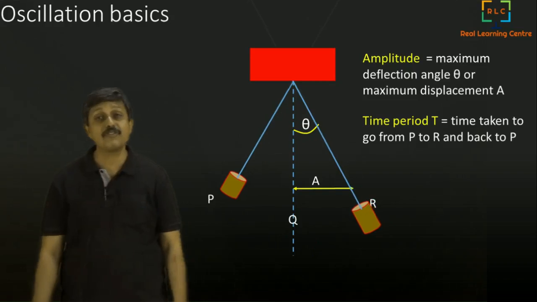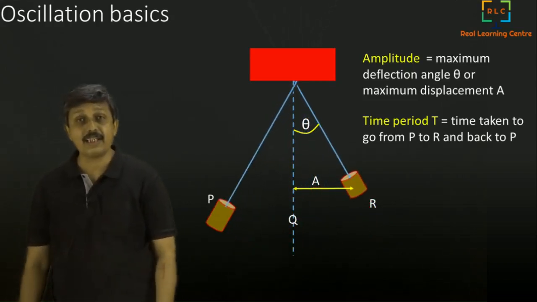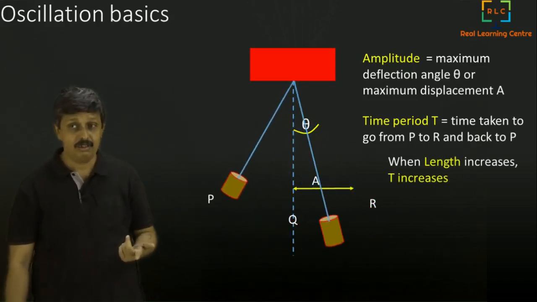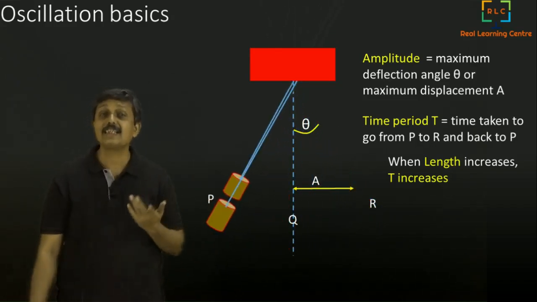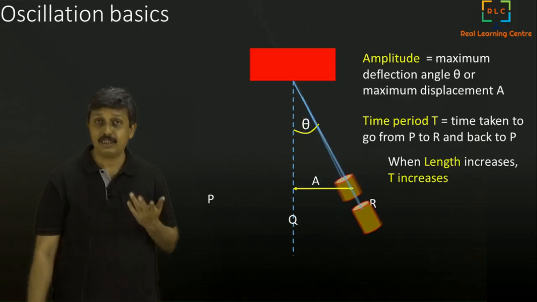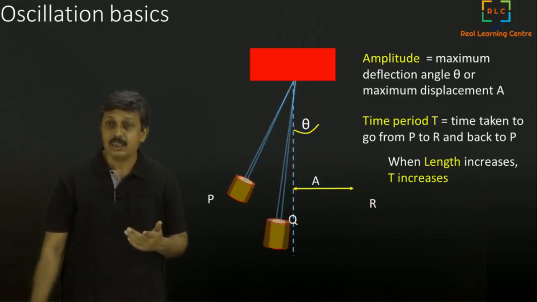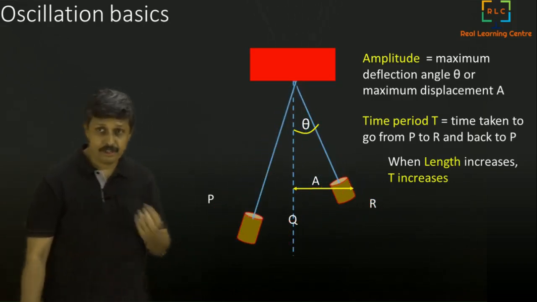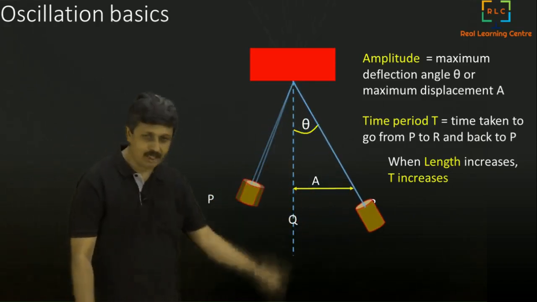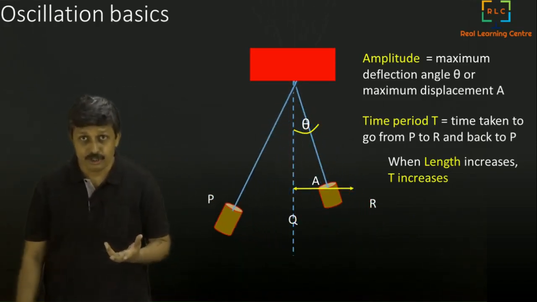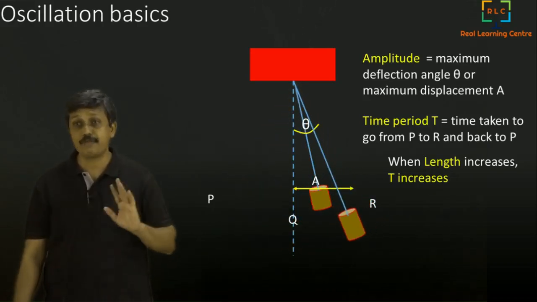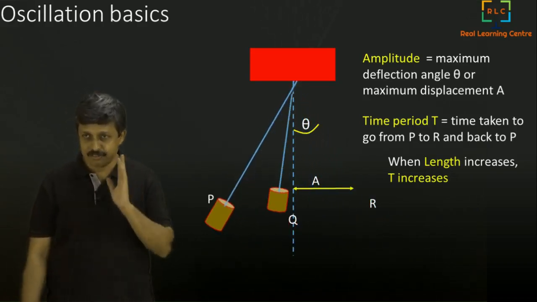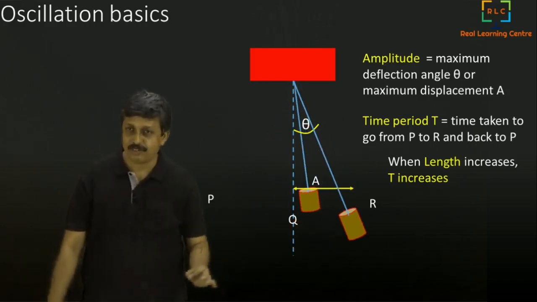So time period is dependent on the length, and when length increases, T increases. If you change the mass, for example, if I make it bigger, these are experiments that you can do, it doesn't change the time period. It still remains the same. Only if the length changes, it changes.